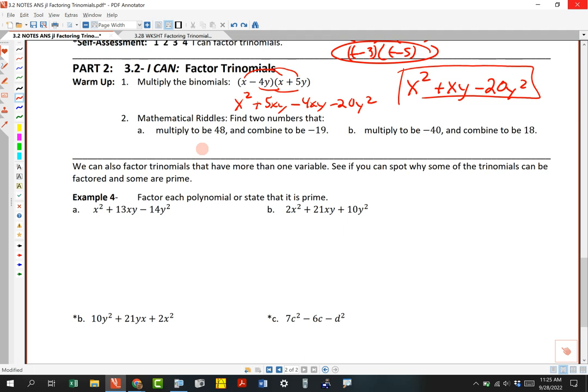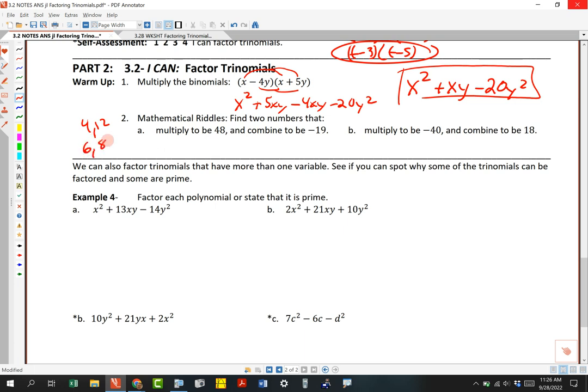If we think of the number 48, what jumps into most people's mind is either 4 and 12 or 6 and 8. 4 and 12. Can you make a 19 out of those? No. So if 4 and 12 popped in your head immediately, you can't make a 19 out of those.